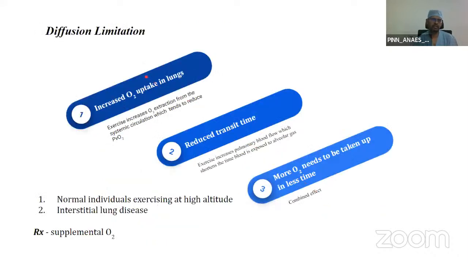So the cause for hypoxemia in this cyclist during exercise is diffusion limitation. So what is diffusion limitation? Whenever anyone exercises, there will be increased oxygen extraction from the systemic circulation. This reduces mixed venous oxygen tension. As a result, there will be increased uptake in the lungs. And because of increased cardiac output due to exercise, there will be reduced transit time for the red cells in the pulmonary circulation.